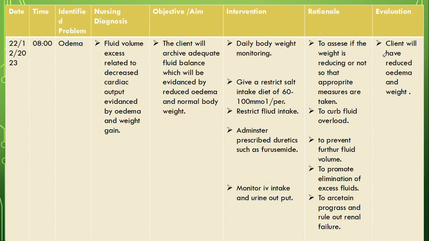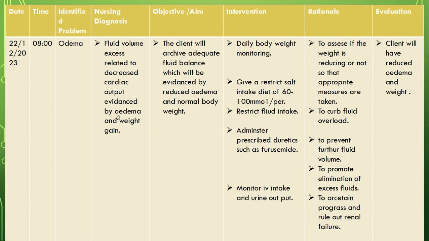So the second problem is as follows. The second problem is edema. So the nursing diagnosis is that the patient is likely to have edema or fluid volume excess related to decreased cardiac output, evidenced by edema and weight gain.